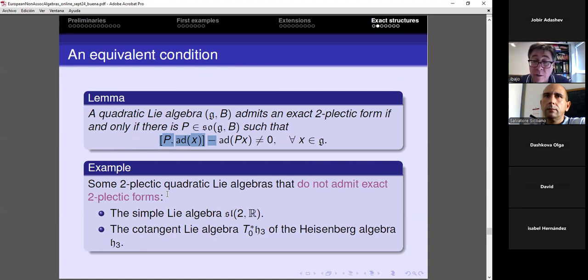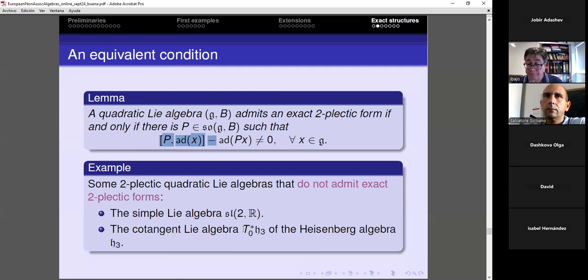And one can also see that there are nilpotent cases that don't have exact 2-plectic forms, as for instance, the cotangent algebra of the Heisenberg algebra. Notice that this is a 6-dimensional Lie algebra, which is obviously quadratic. Well, actually, it is quadratic symplectic, and so it has 2-plectic forms, but it doesn't have any exact one.